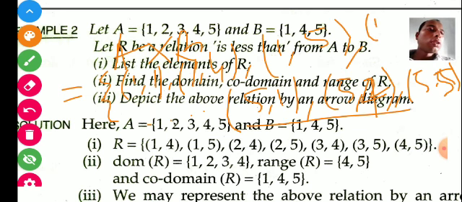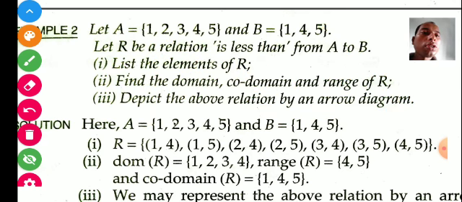This way we get all the elements in A cross B, but we have to choose those elements whose first element is less than the second element. So in our relation the elements will be (1,4), (1,5).